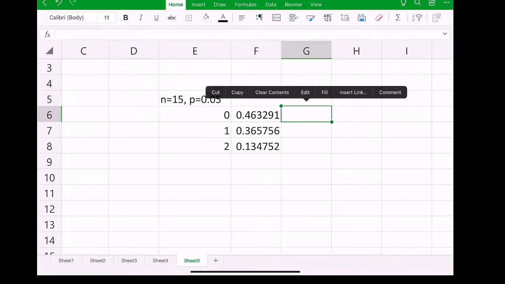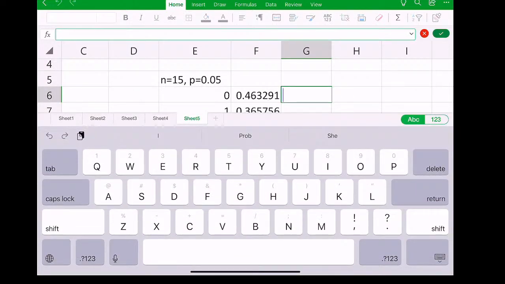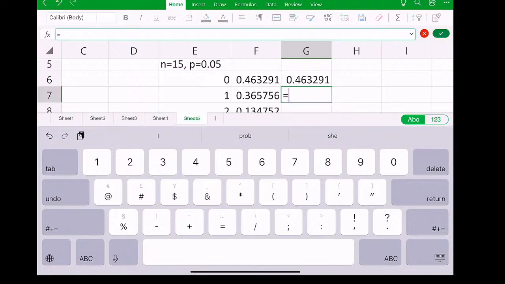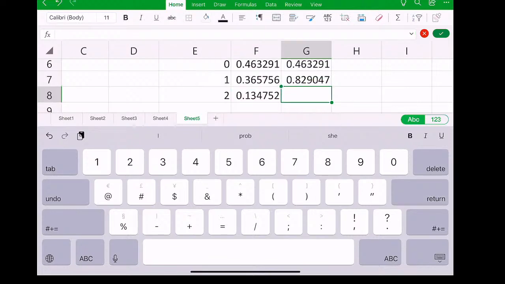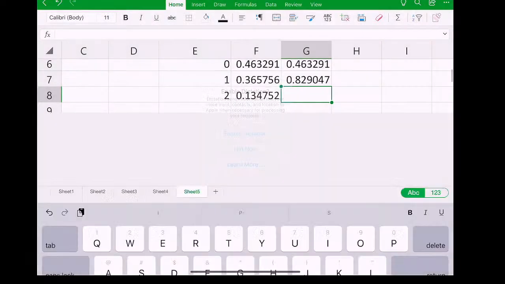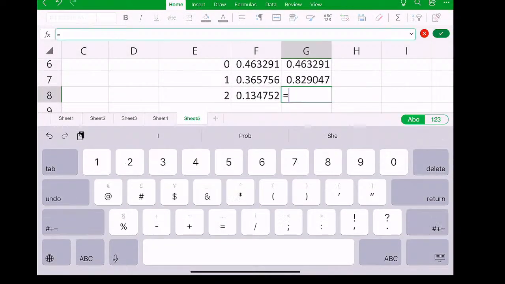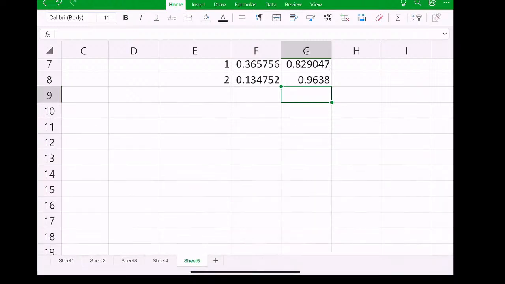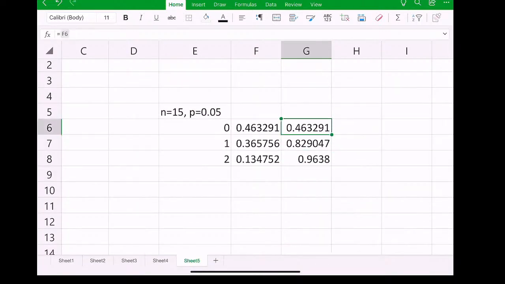But if I accumulate them, this is adding as I'm going along.